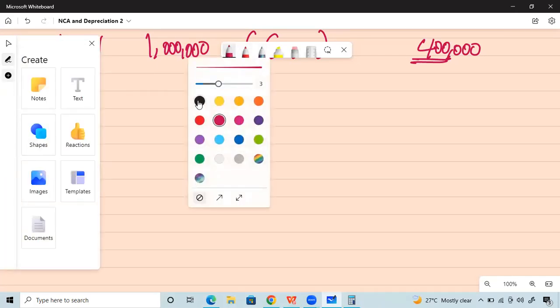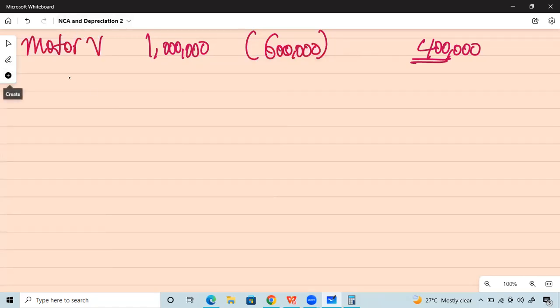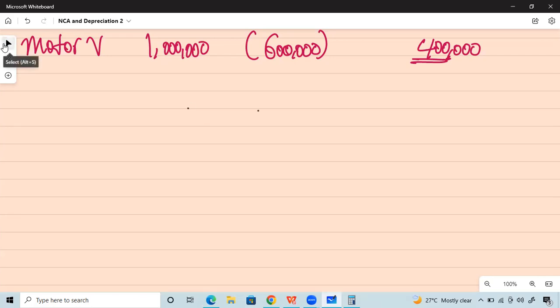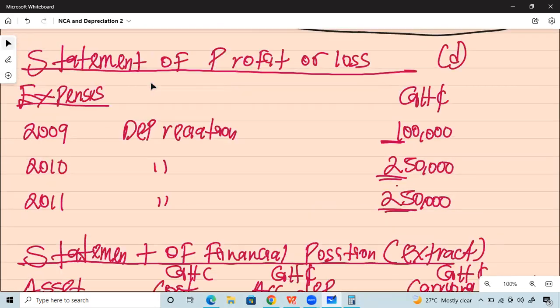Once it comes to depreciation, I have informed you. It's just the bookkeeping entry. If you can remember, at the beginning of this class we talked about this.